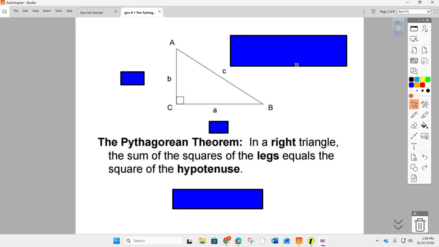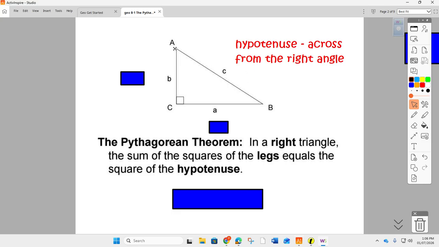The hypotenuse in a right triangle is always across from the right angle. The right angle, remember, is indicated by this box. So C represents the length of the hypotenuse when we're using the Pythagorean theorem formula. That makes A and B our legs, and it doesn't matter which one we call A and which one we call B. The legs are the sides of the triangle that make the right angle.